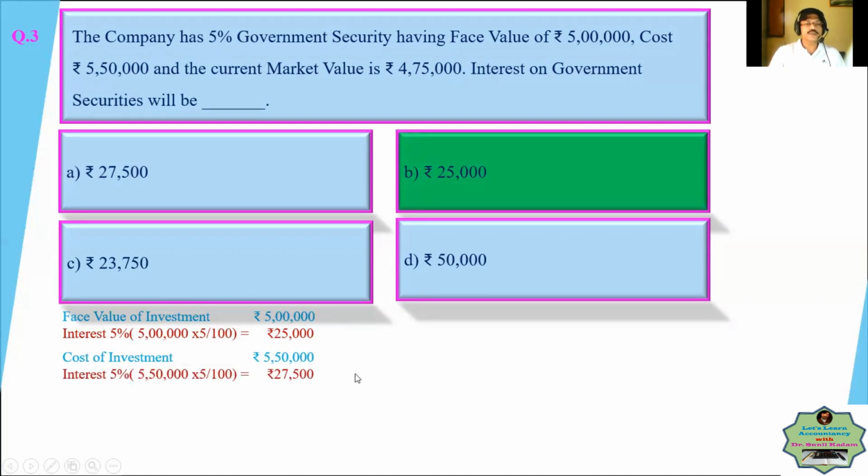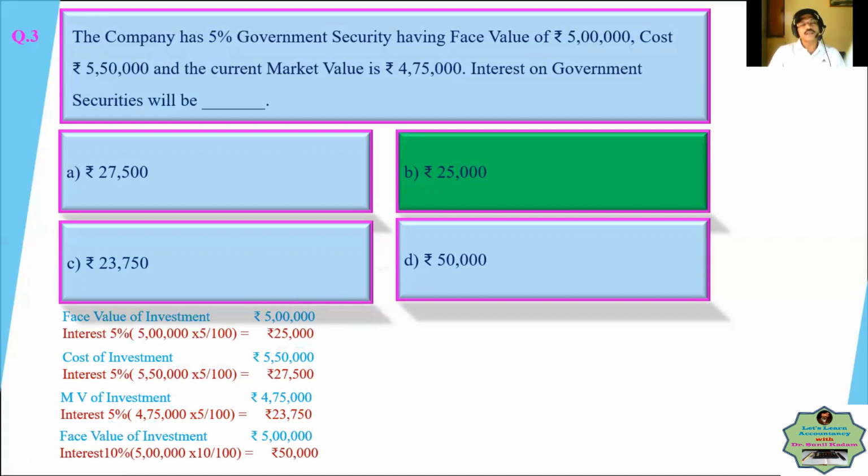The other option is 27,500, which is calculated as 5% on the cost of investment, which is not acceptable. Another option says 23,750, which is calculated on the market value of the investment, which is also incorrect. And the fourth option is 50,000.